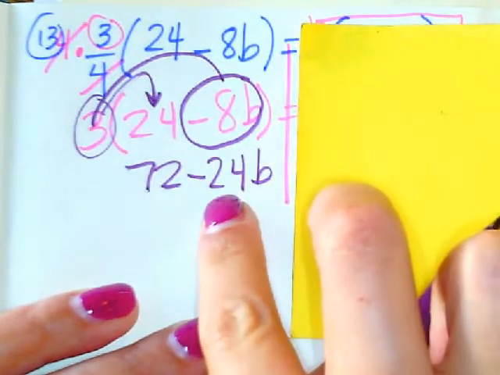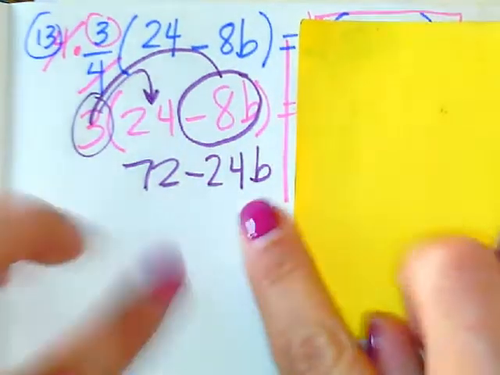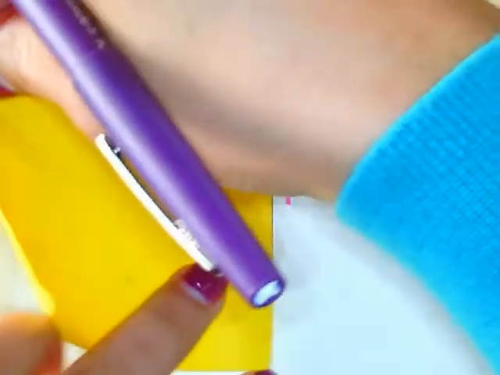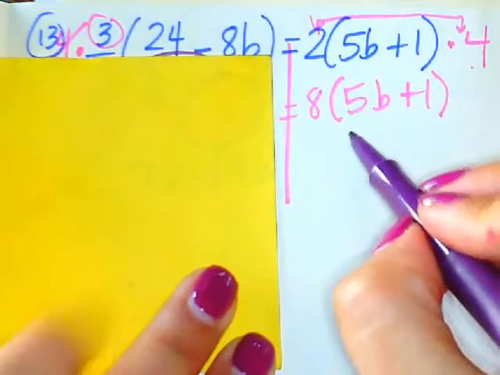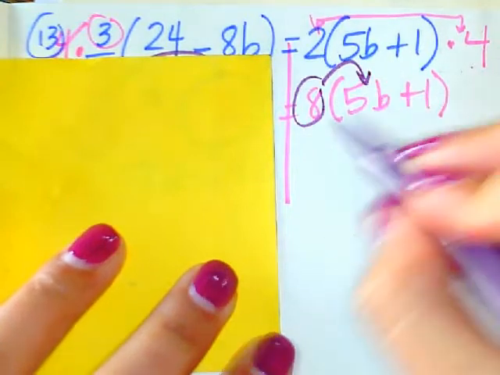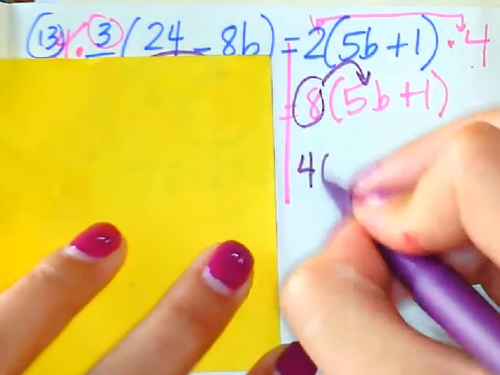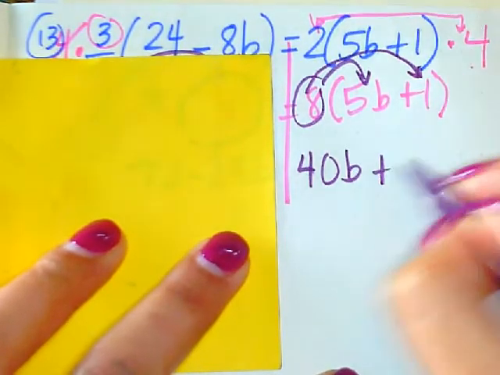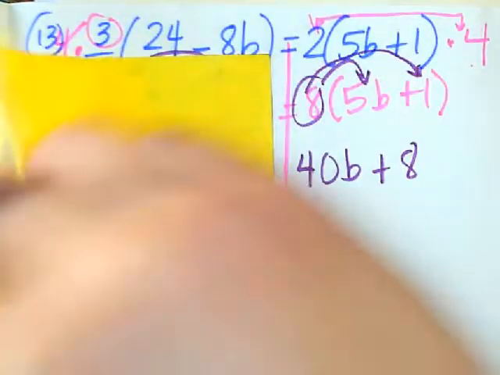Okay, positive times a negative is a negative. This is simplified all the way, so now I'm going to uncover that, cover this one up, and then do the same thing to this one. So 8 times 5b is going to be 40b, and 8 times 1 would be 8.